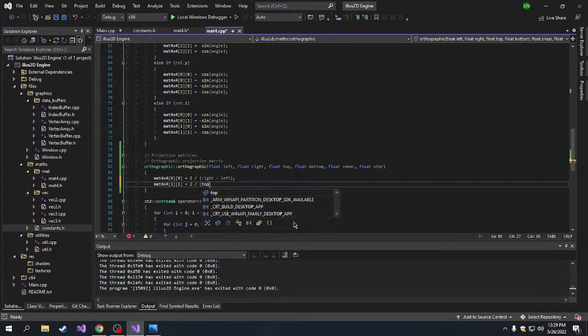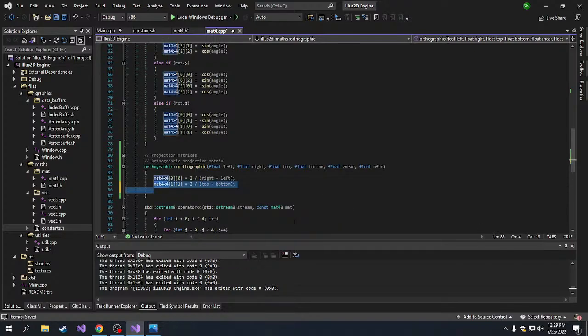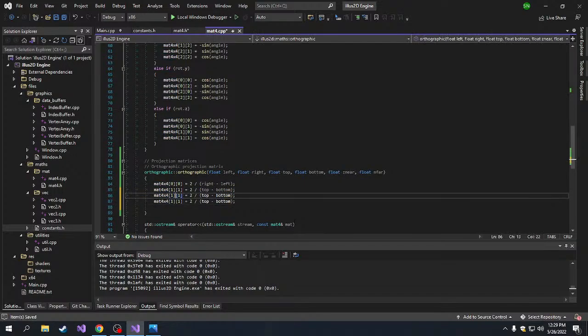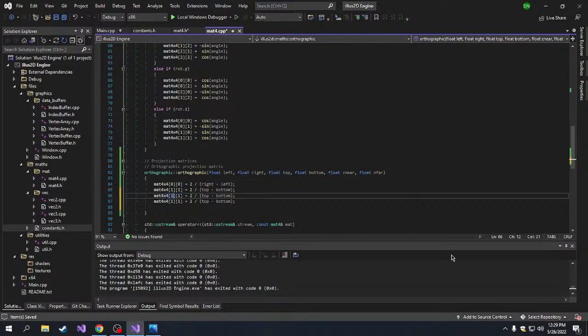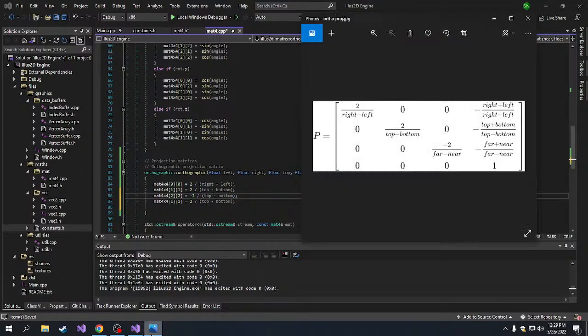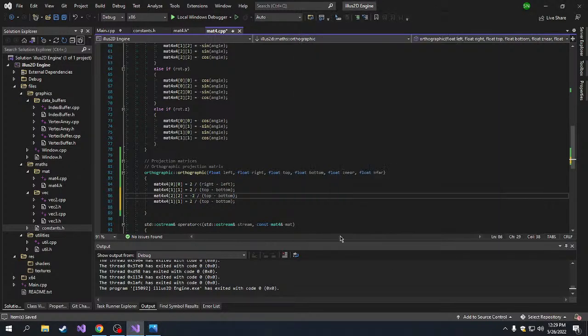The third row, third column is going to be -2 over z far minus z near. Okay, z far minus z near.